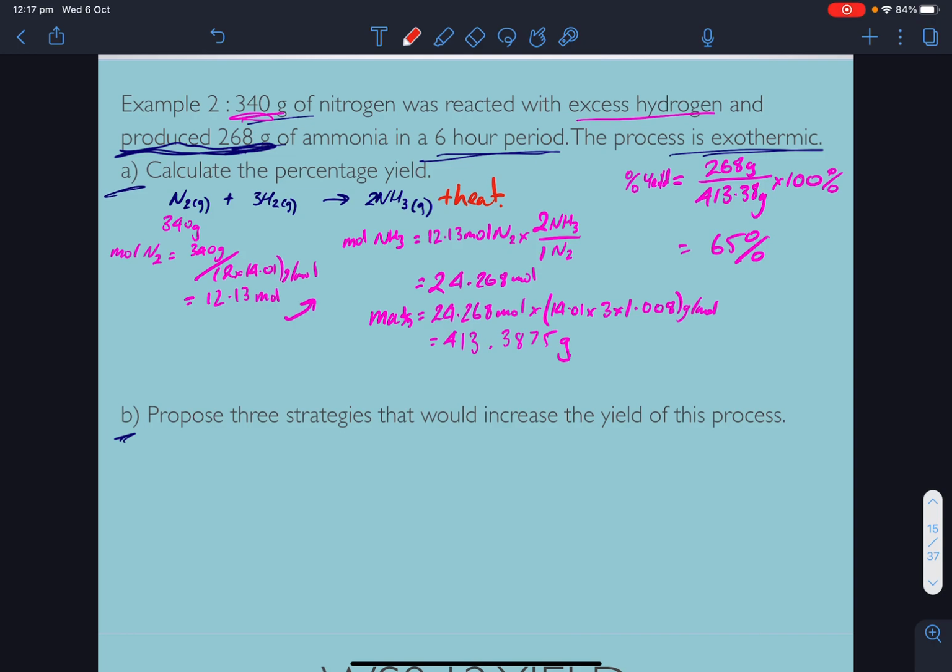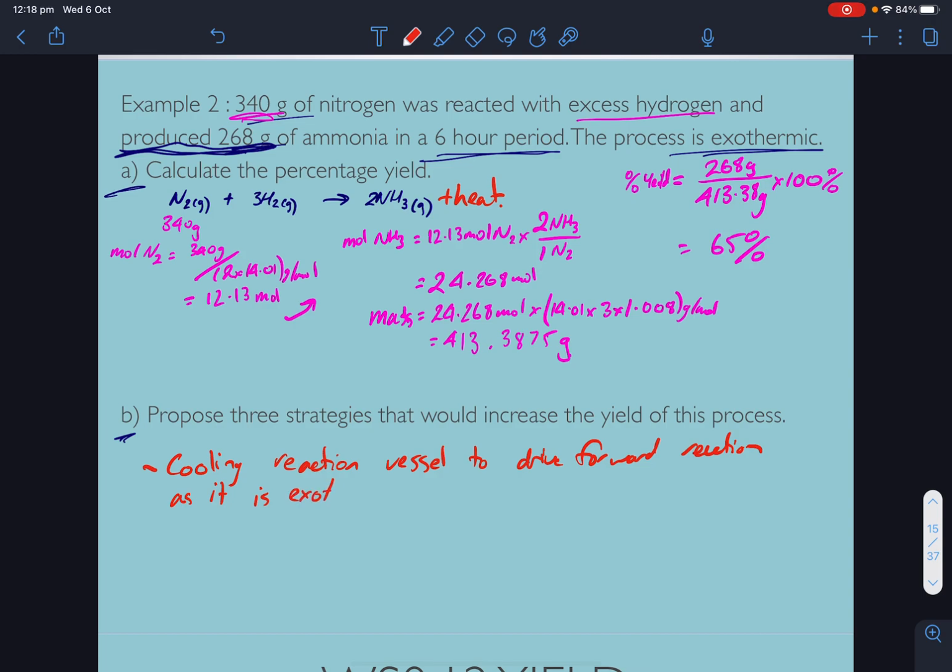So I can take out heat. Another way of saying taking out heat is cooling the reaction vessel to drive the forward reaction as it is exothermic. So there's one strategy.